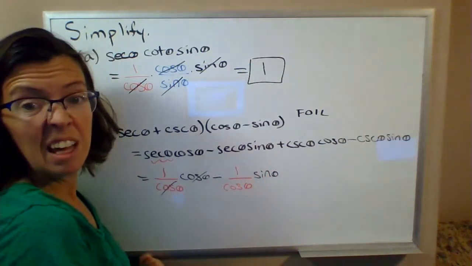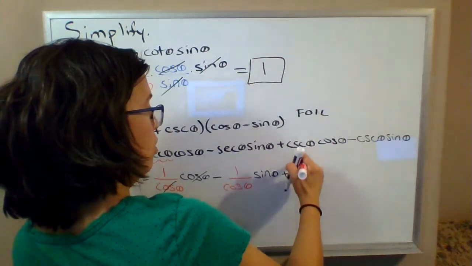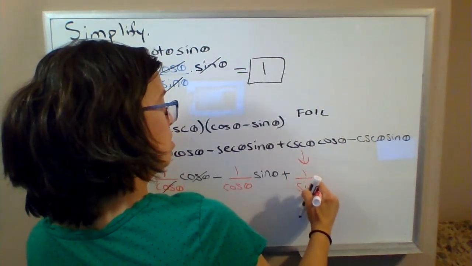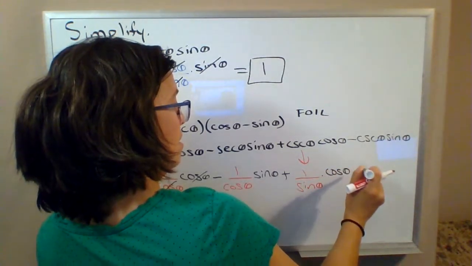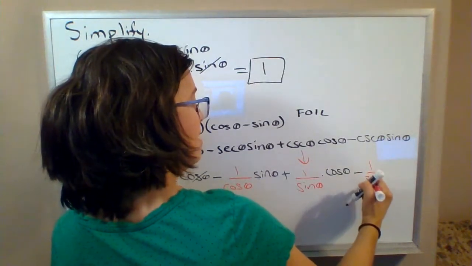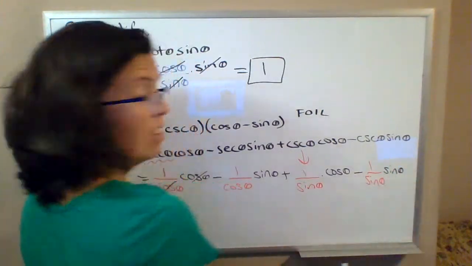So we'll do something with that in the next step. Plus, cosecant is the reciprocal of sine. Cosecant is 1 over sine times cosine. Minus, okay, cosecant is 1 over sine. This is just a lot of reciprocal identities at this point, times sine.